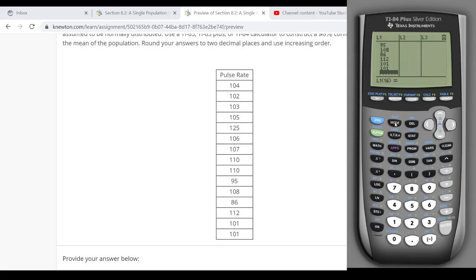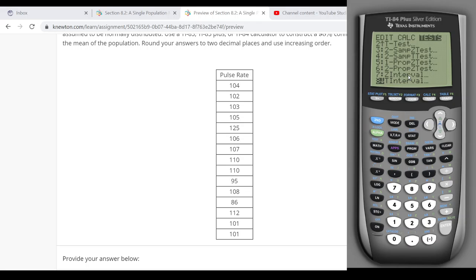And then I get out of this, second, quit, and we're going to have the calculator create a 98% confidence interval estimate for the population mean, the mean pulse rate of all runners after a 3-kilometer run. So remember how to do that. I hit the Stat button, go over to Tests, and I scroll down to number 8. Try not to confuse these.